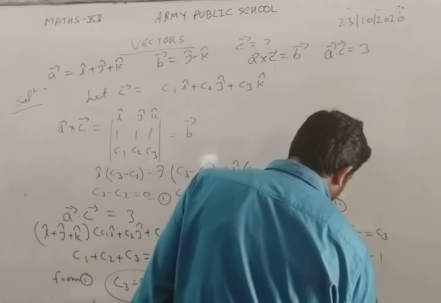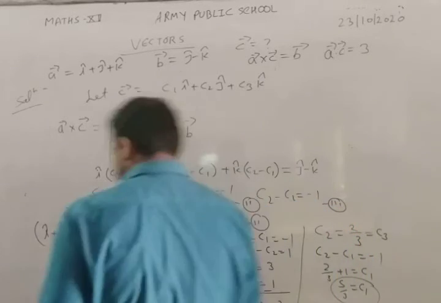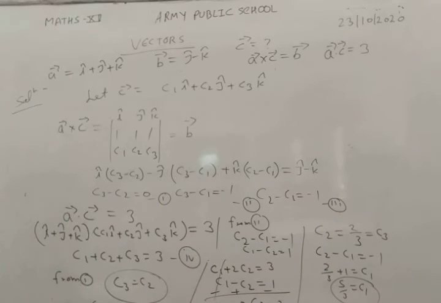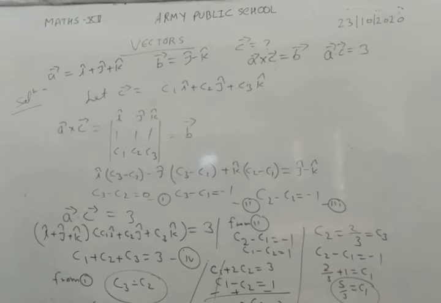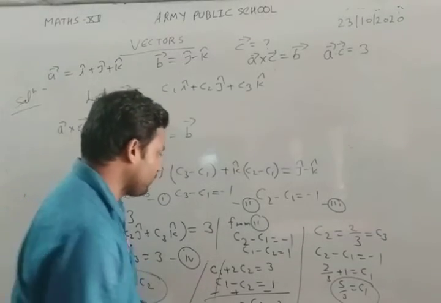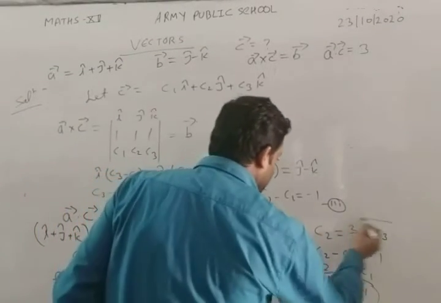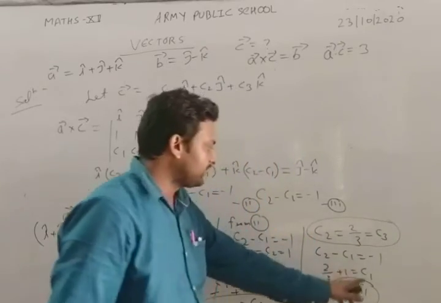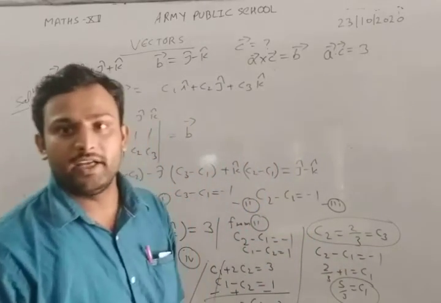So 5 by 3 is C1. In this way we can find our C1 is 5 by 3 and C2 is 2 by 3, and C3 is 2 by 3 and C1 is 5 by 3.